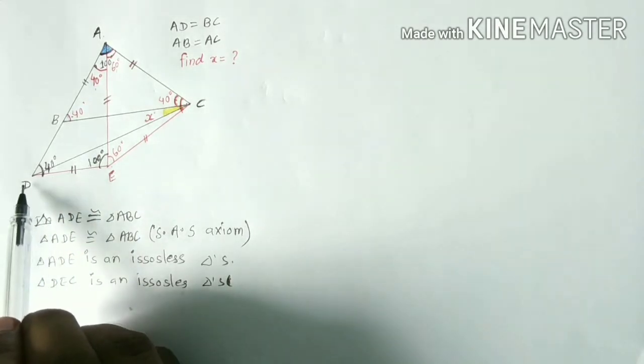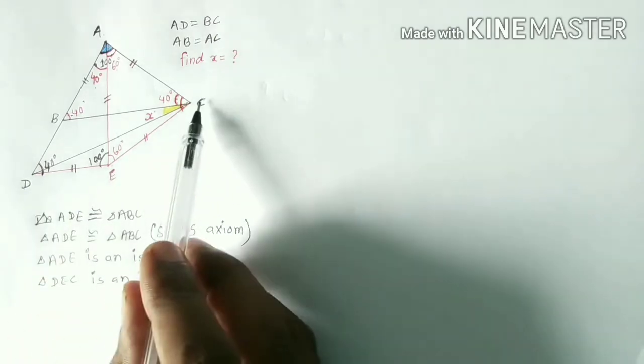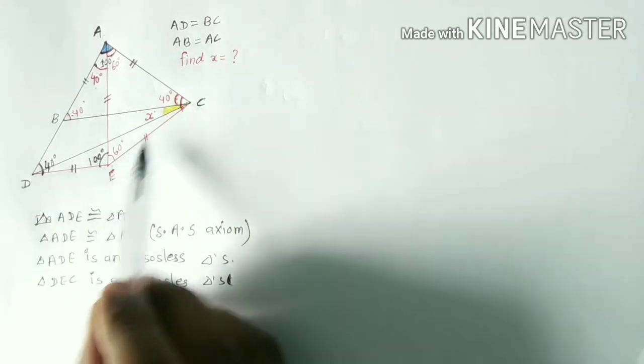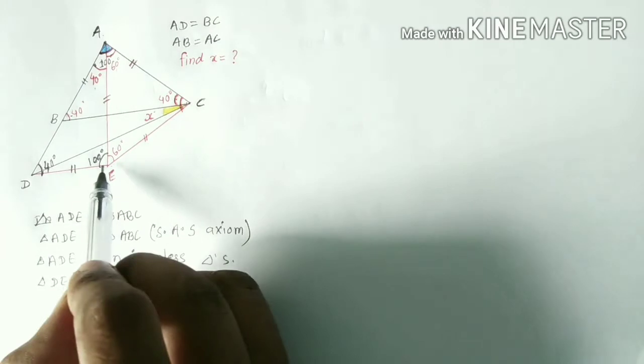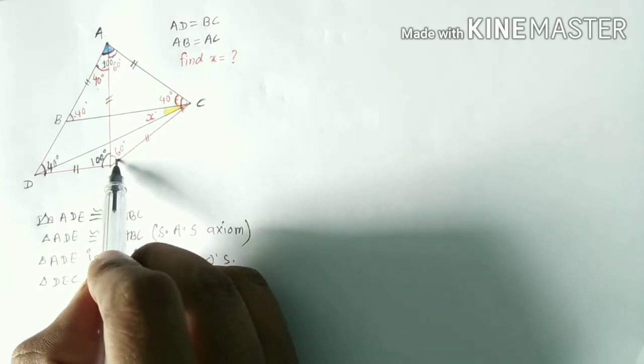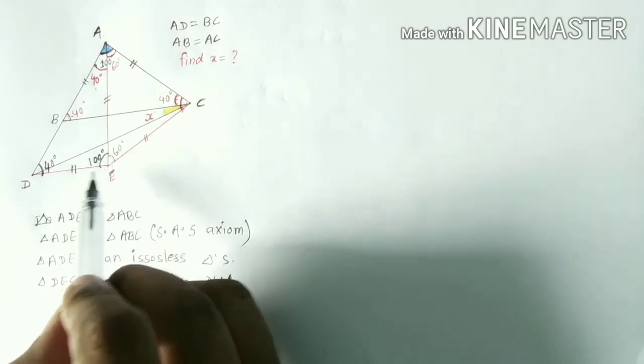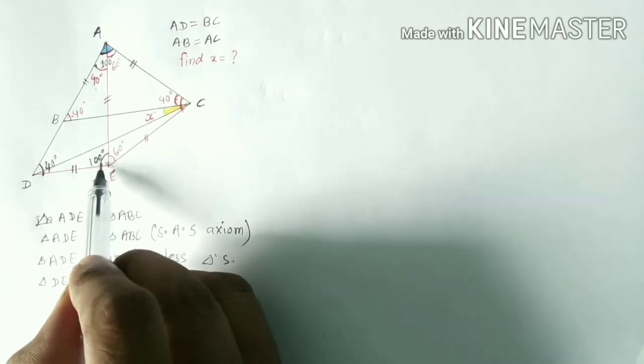Now in triangle DEC, we can see this whole angle is 160 degrees, because 100 plus 60 means 160.